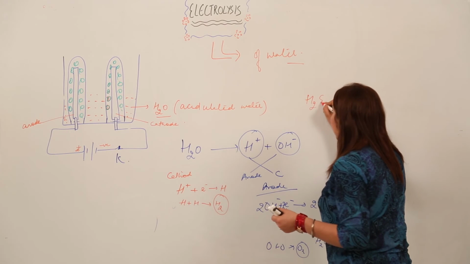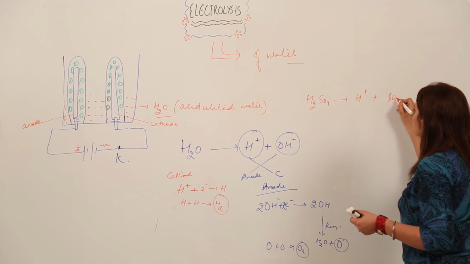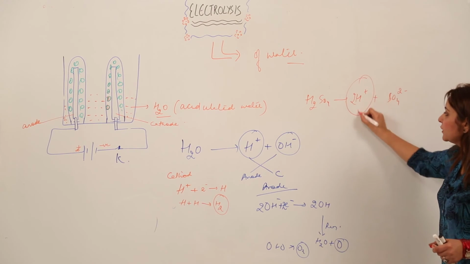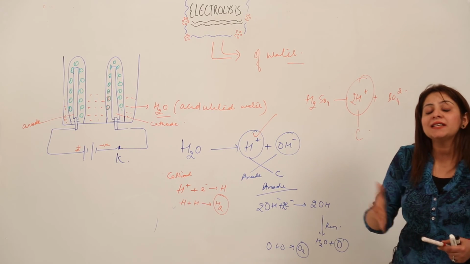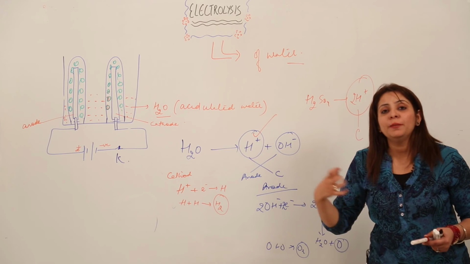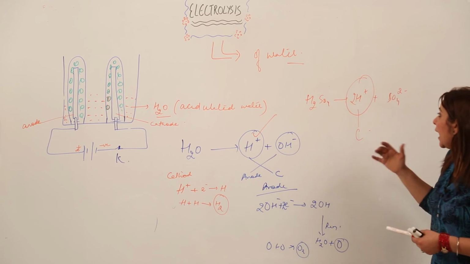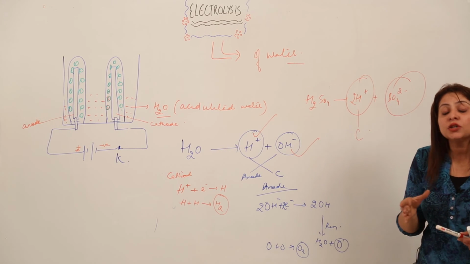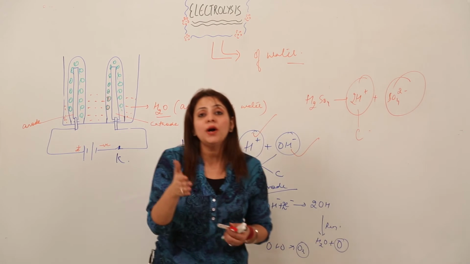Suppose I added H2SO4. So we know that it will get dissociated into this, right? So these hydrogen ions will go to the cathode. This is what I have done, right? Whether these hydrogen ions come from water or from acid, both are converted into H2, right? But as I have told you, the sulfate ions and hydroxide ion go to the anode, and out of them the hydroxide ion has the lower electrode potential.